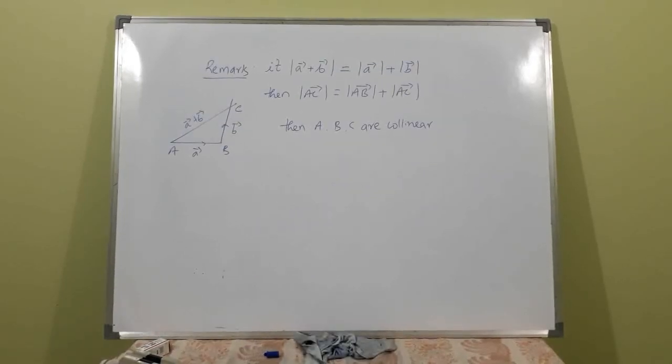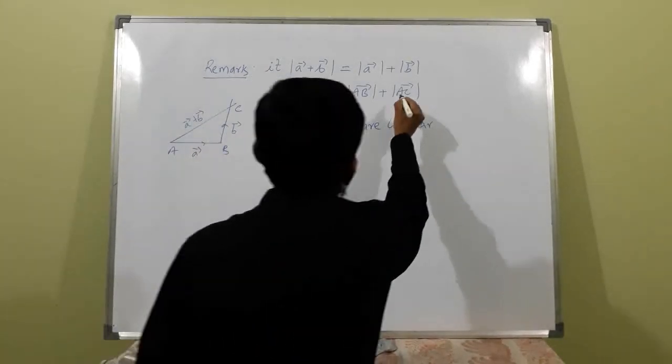If magnitude of A plus B is equal to magnitude of A plus magnitude of B, then from the diagram AC is equal to AB plus BC. It is not AC, this is BC.